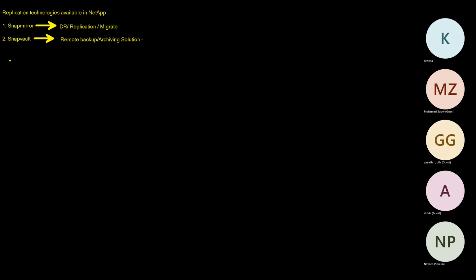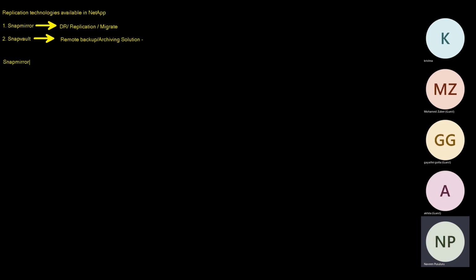So how can we classify which is snap mirror and which is snap vault? Generally, whenever you are configuring snap mirror or snap vault, the command is snap mirror only.